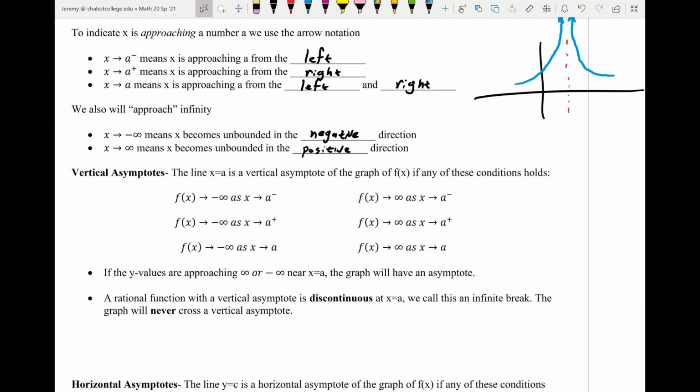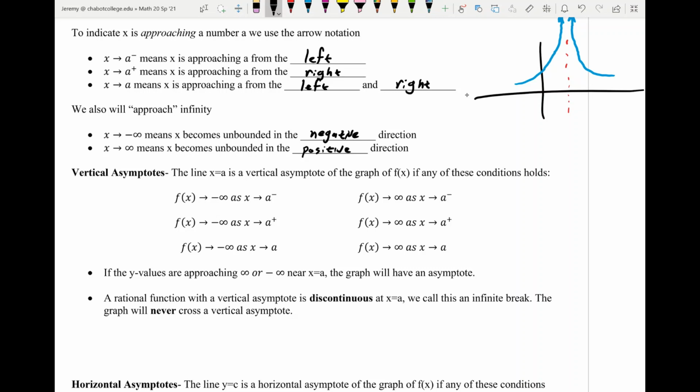Okay, so vertical asymptotes. The line x equals a is a vertical asymptote of the graph of f if any of these conditions hold. Here they are, there are 6 of them.